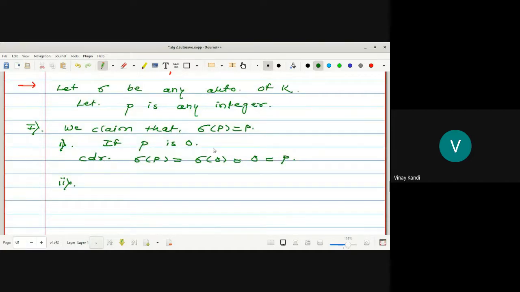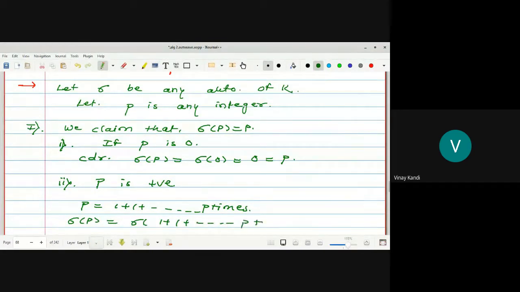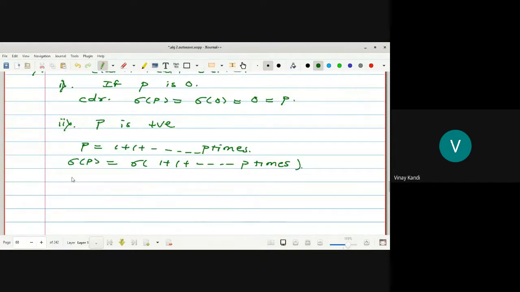Sigma leaves every integer fixed. Now suppose p is positive, so what we have? p is equal to 1 plus 1 plus up to p times. So sigma of p is equal to sigma of 1 plus 1 plus up to p times, which is sigma of 1 plus sigma of 1 up to p times.